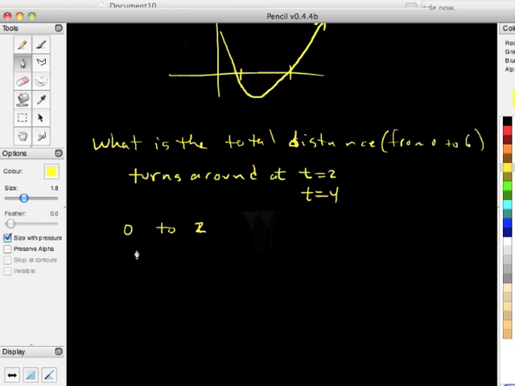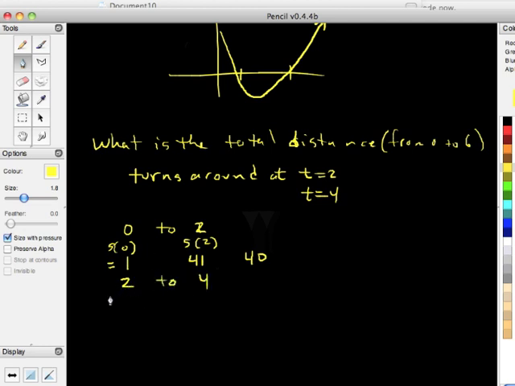At t equals 0, s of 0 is equal to 1, and s of 2, we found that before, is equal to 41. So how far did it travel? It traveled 40. And then it turned around and went from 2 to 4.